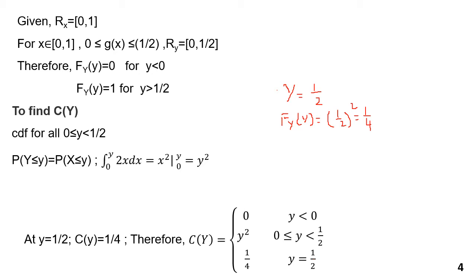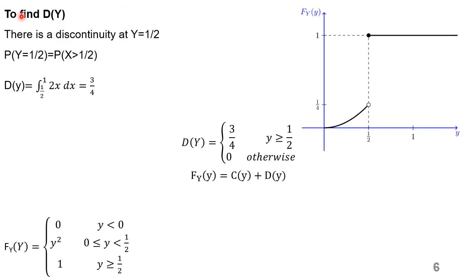So when we plot it, this is y, this is the F_Y of y component, c of y. So it is 0, and at half, its value is going to be 1 by 4. Let us find d of y. There is a discontinuity at y equal to half.